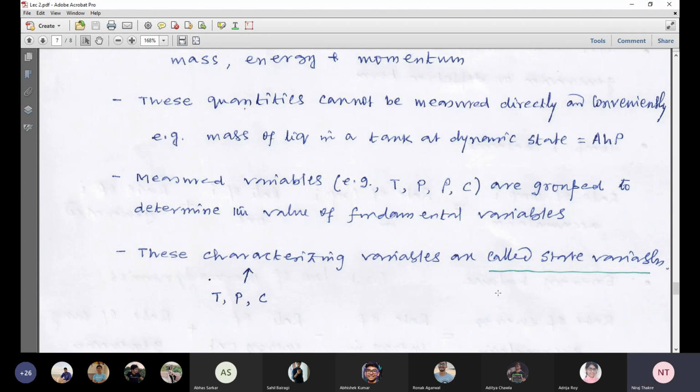I will show you how it is involved in the accumulation term. So this is the easy way to identify the state variable in an equation, in a modeling equation. I'll discuss this issue again.